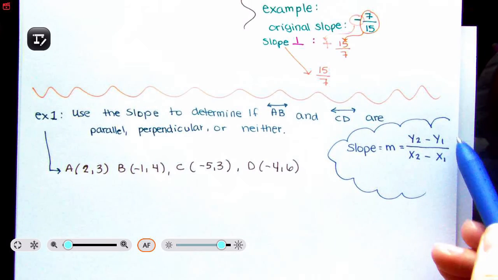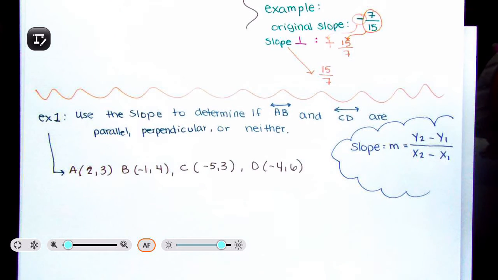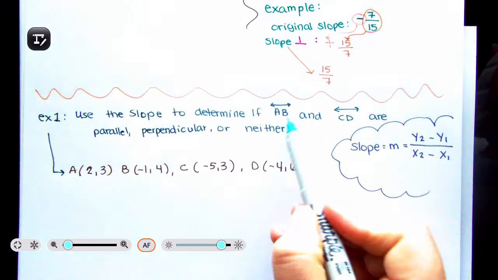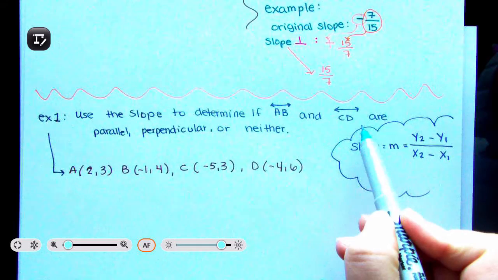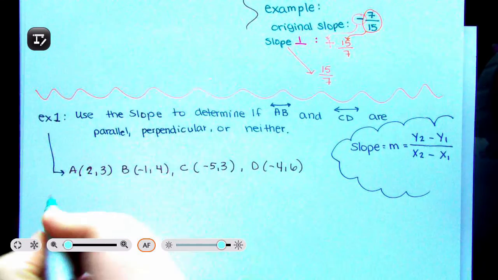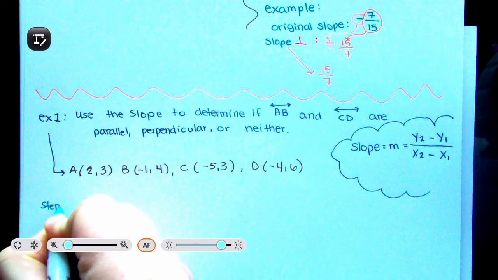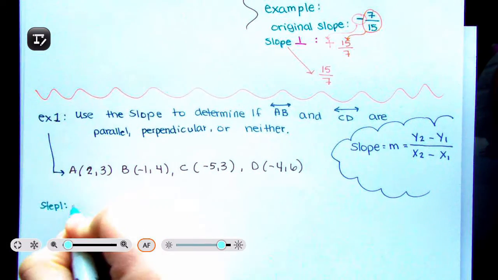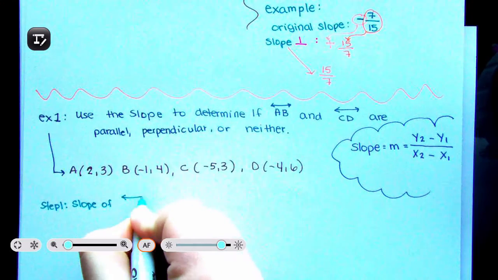So now we have this formula. Let's plug it in. So this is how you're supposed to work on these problems here. The first thing we're going to figure out is the slope of line AB. And then we're going to figure out the slope of line CD. So step number 1, figure out the slope of line AB.